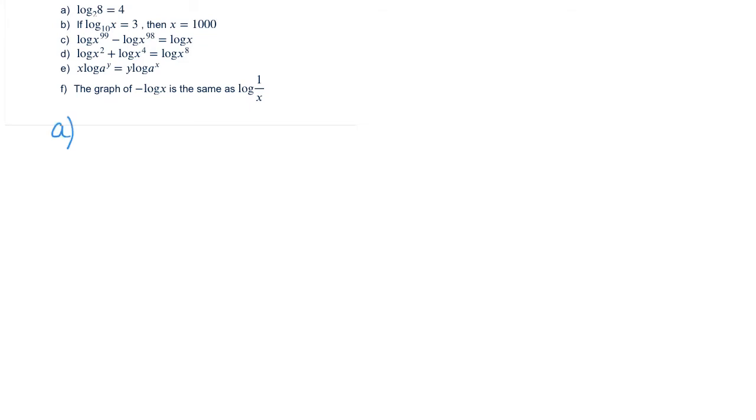Statement A says, in the language of indices, that 2 to the power 4 is equal to 8. This is clearly false. The first part of B states that 10 cubed is equal to x, and so clearly x is 1000. Therefore, B is true.